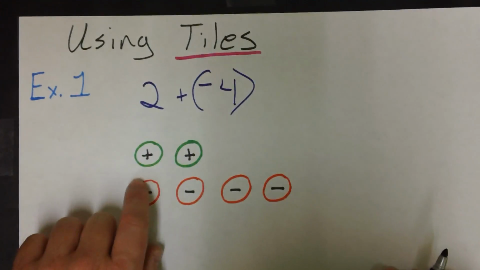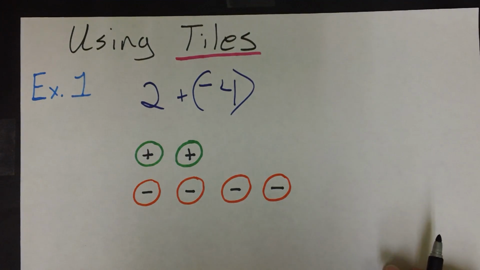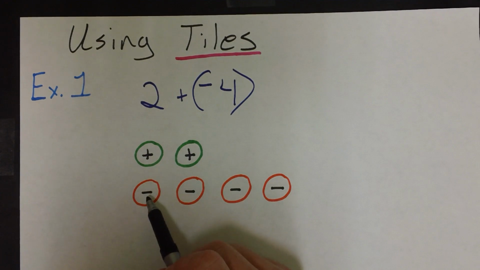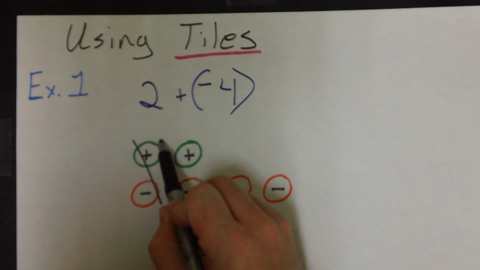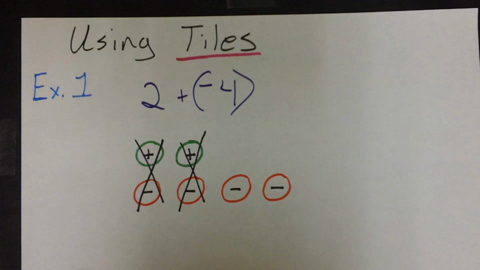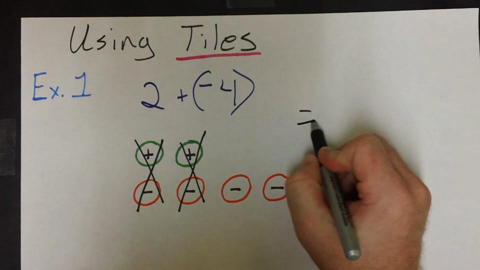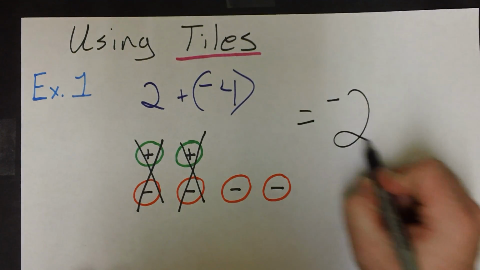So here we have 4 negative circles here in orange. And what we do is that when we have a positive and a negative, the pair cancels each other out. And what you're left with is -2. So 2 plus -4 equals -2.